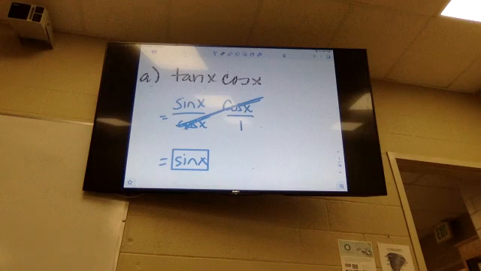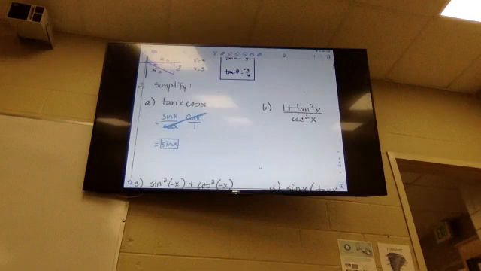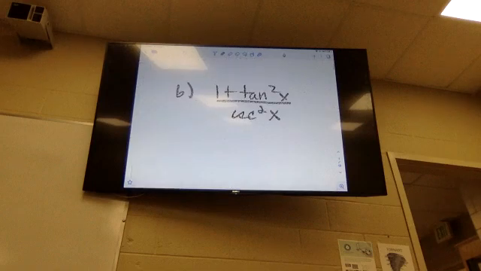We want to end with 1 term, or 2 if we have to, and I want things in terms of sine and cosine. All right, letter B, I've got 1 plus tangent squared x over cosecant squared x. Oh, yikes, this looks funky. Do you see anything on your paper that looks like what I have right here?